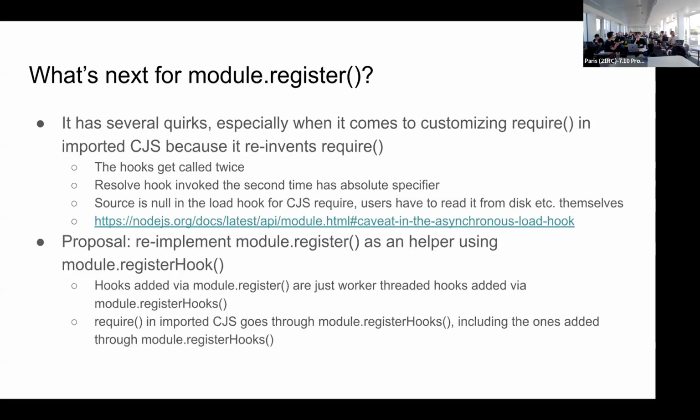So at the end of the day, the module register hook would be the thing that can give you the most capability. But if you do want the convenience of just running some async code and you don't care about the extra overhead, then you can use it. We can still maintain it. It's just an internal helper, and maybe at some point we can think about whether we want to remove it.